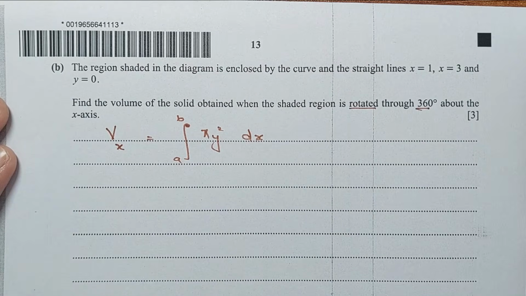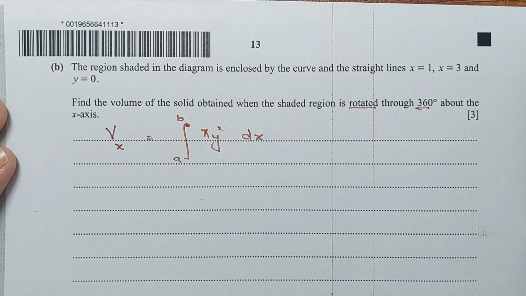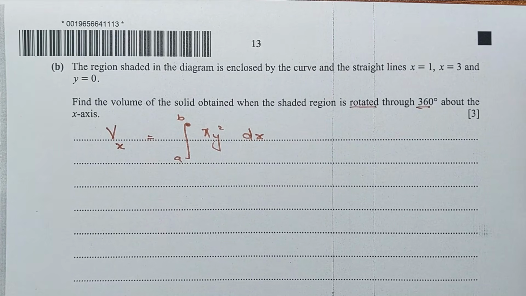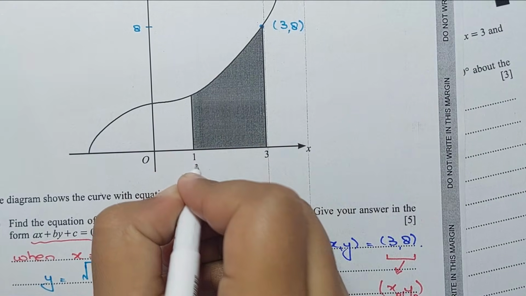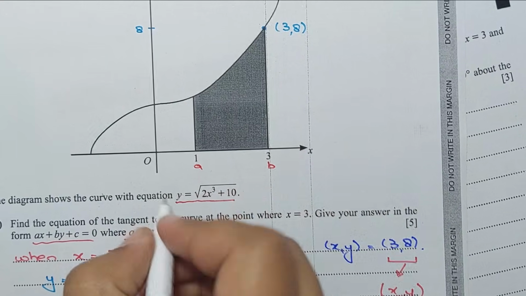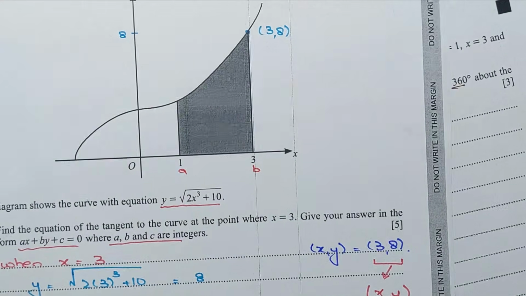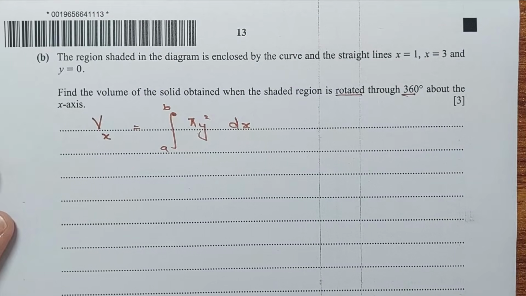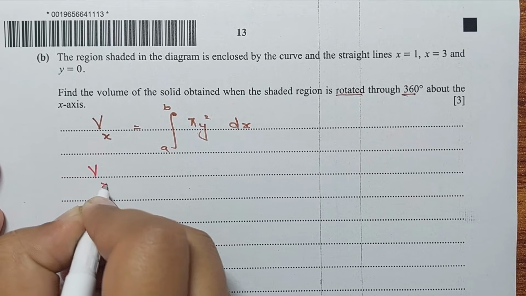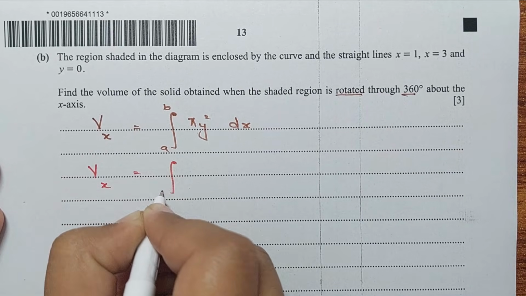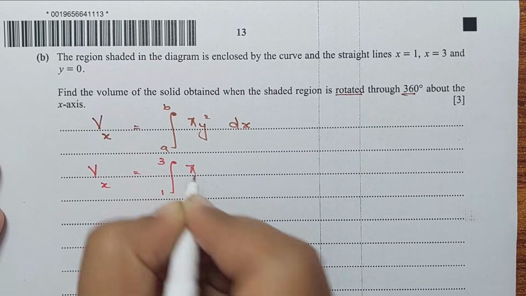That is the formula. So what is a and b? A and b are x equals 1 and x equals 3. You can see this is the value for a, this is the value for b, and this is your y value. So take its square. So volume at x is integration from 1 to 3 pi.